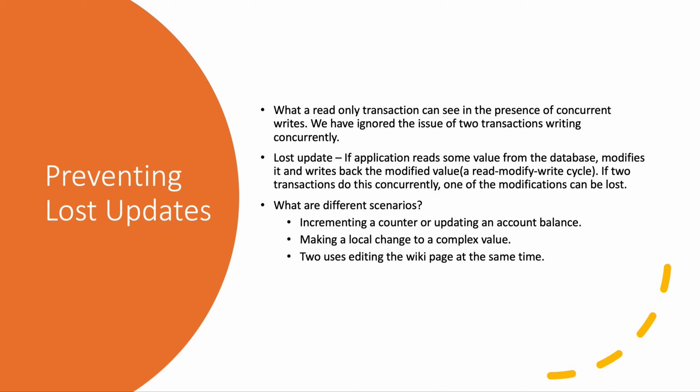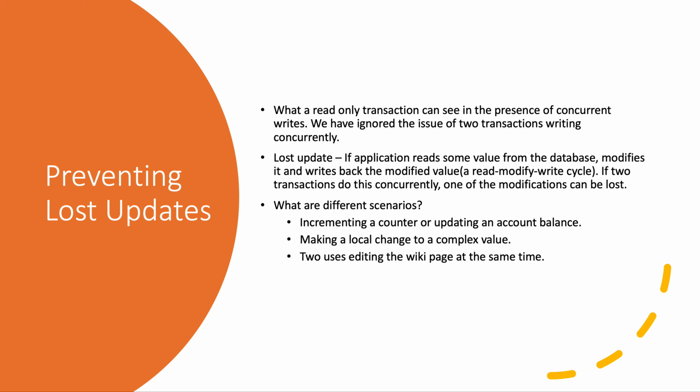If an application reads some value from the database, modifies that value, and writes back the modified value, and if two transactions do this concurrently, then this can result in a lost update. Let's take an example. We have transaction T1 and transaction T2.